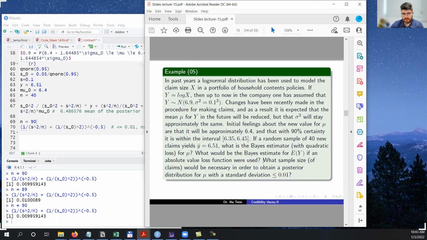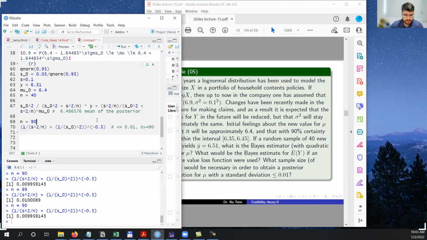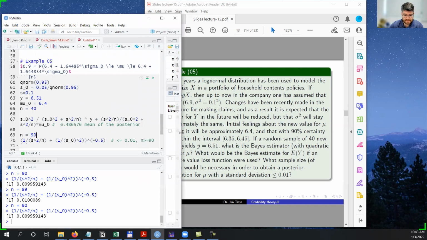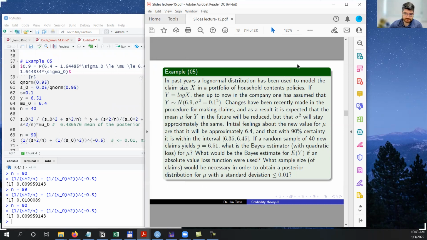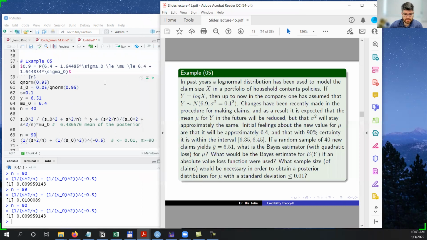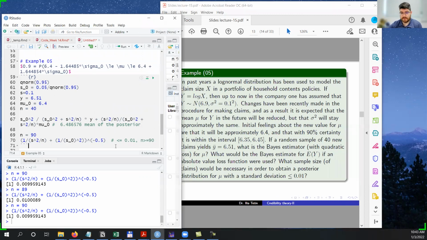The posterior, we also found, will be 6.48, and we obtain the posterior with the standard deviation less than or equal to 0.01. In this situation, we have found it is n more than or equal to 90. So quite a hard example in comparison to the previous ones, but still it is possible to deal with this task just by using this same framework step by step.